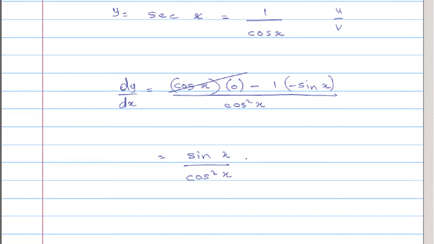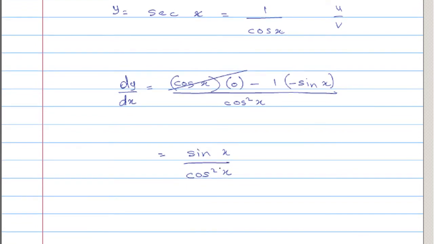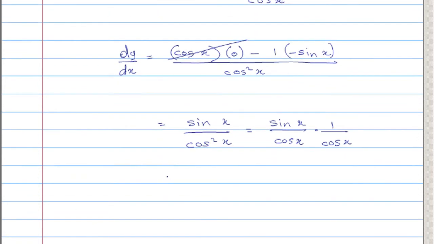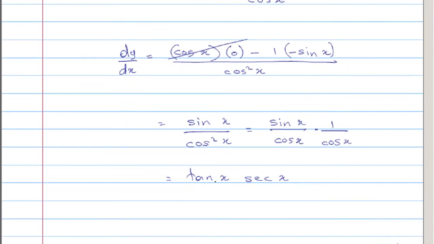Now, although finding the derivative is done here, I could rewrite this as sine x divided by cos x times 1 over cos x. So this is still sine x divided by cos squared x. Now sine x over cos x is equal to tan x, and 1 over cos x is equal to sec x. So the derivative of sec x is tan x sec x.